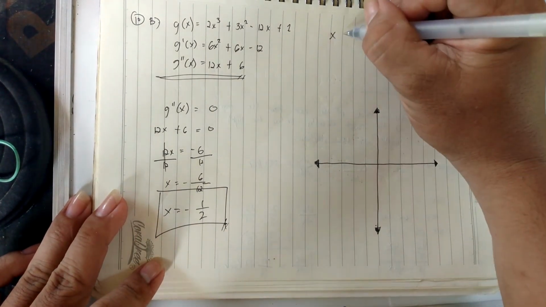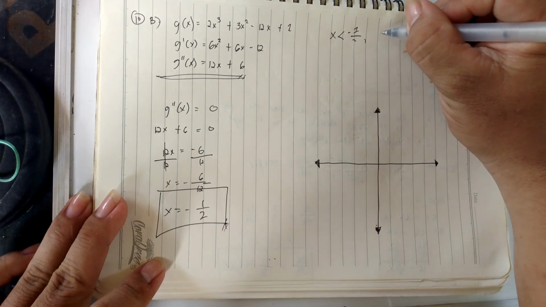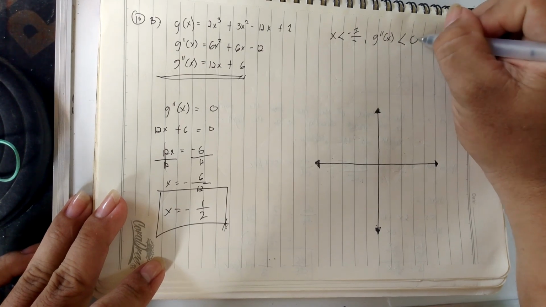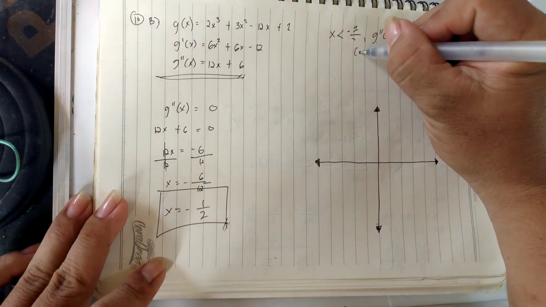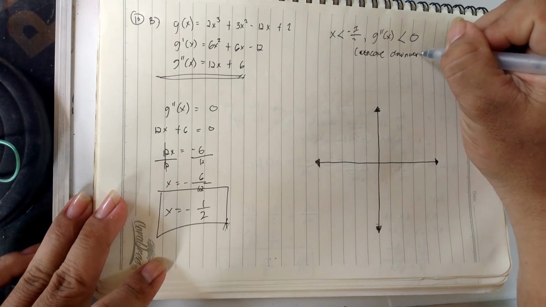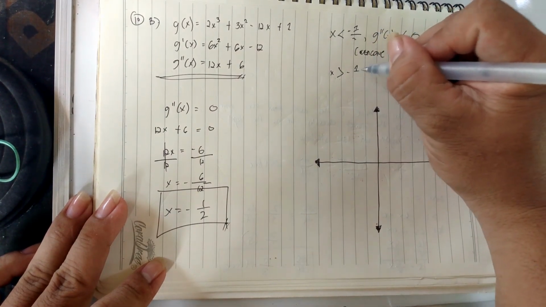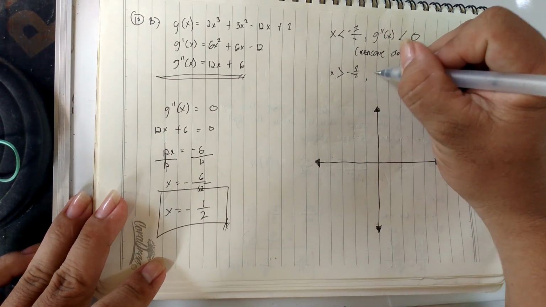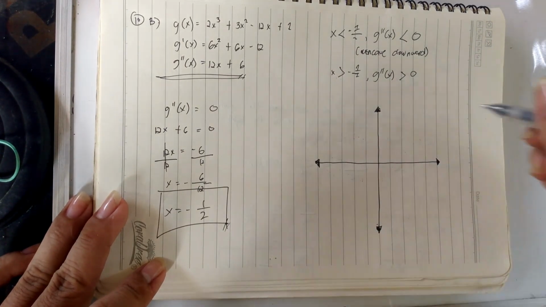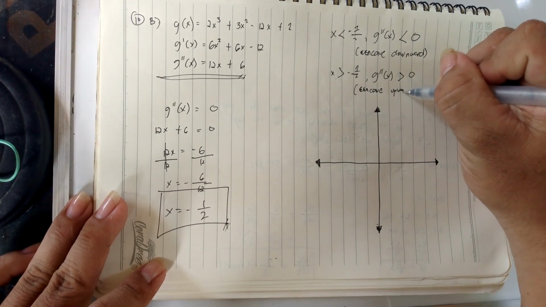So if x is less than negative 1/2, then g double prime of x is less than 0, so matawag na siya nga concave downward. If x is greater than negative 1/2, then g double prime of x is greater than 0, so mao na siya nga concave upward.